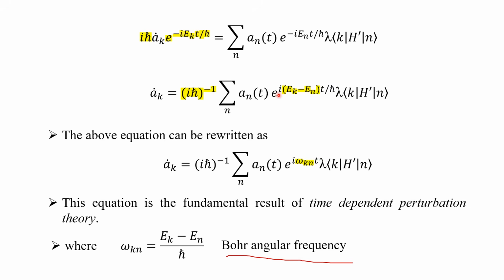Omega kn, as I said, is (Ek minus En) over ħ. This equation is the fundamental result of time dependent perturbation theory, with omega kn being the Bohr angular frequency.